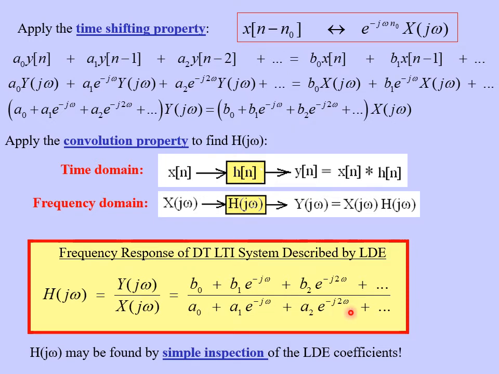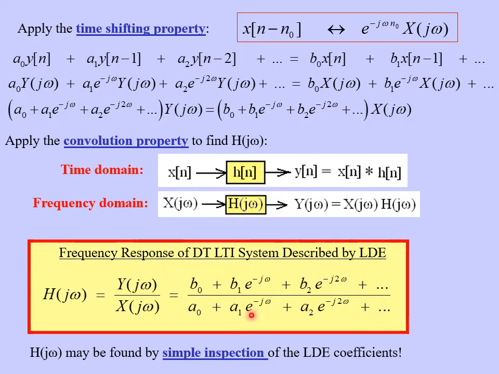And then in the denominator, we have all the a coefficients, which remember the a's are corresponding to the y Fourier transform here. So we've got a naught plus a1 e to the minus j omega plus a2 e to the minus j2 omega, etc. So the idea here is that everything I've just shown you, we're not going to have to repeat all that.